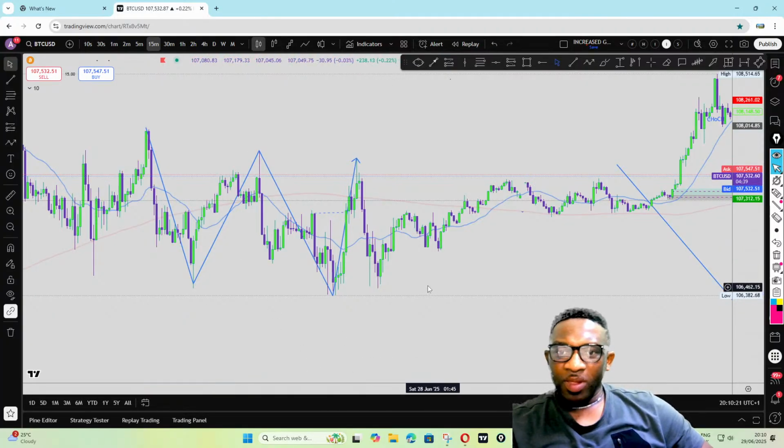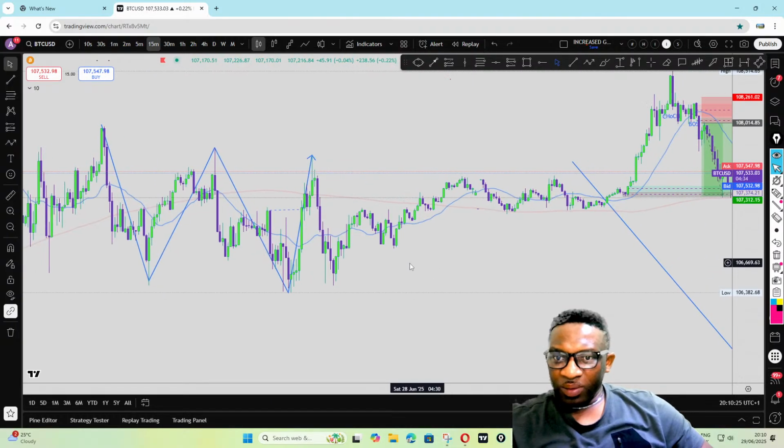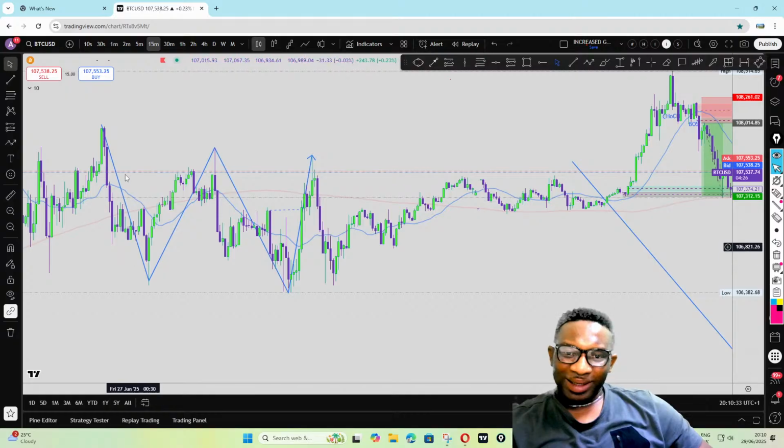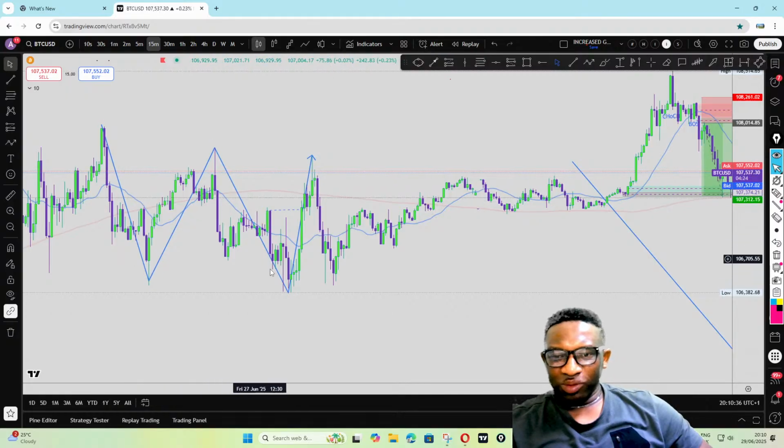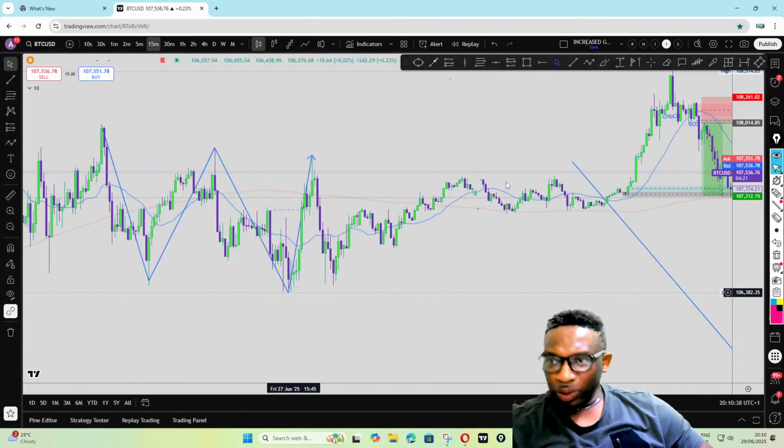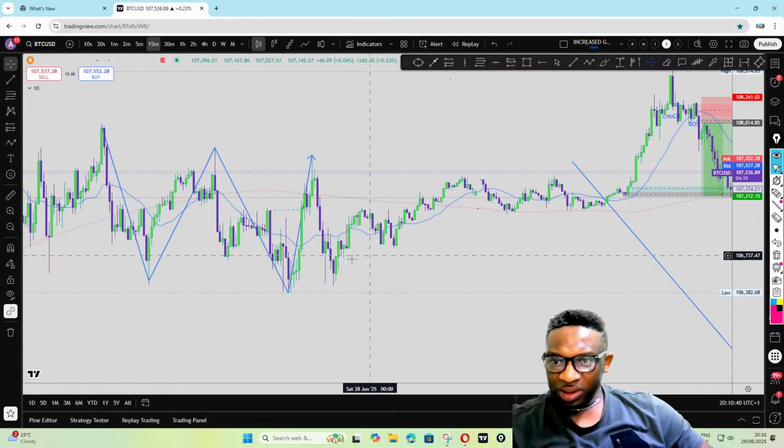Okay, so from this point on we can see that we were kind of moving sideways, but I've marked this, it's moving to the downside because we have this low being lower than the previous low.